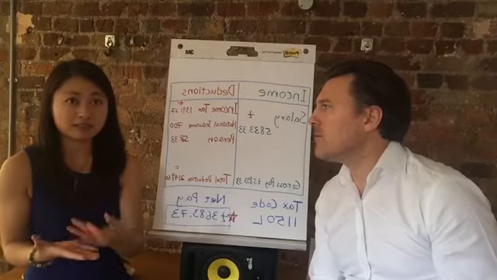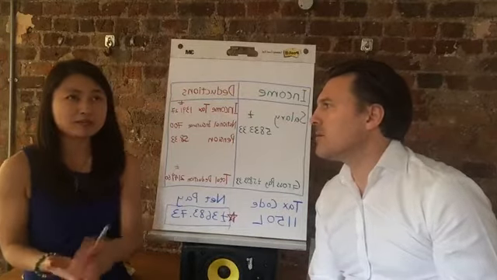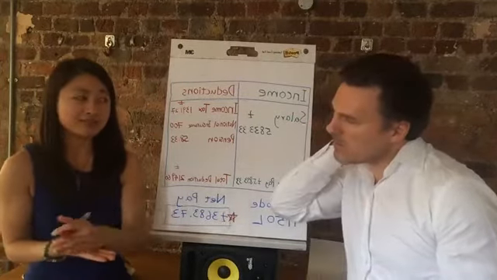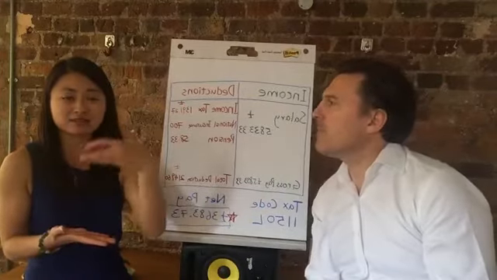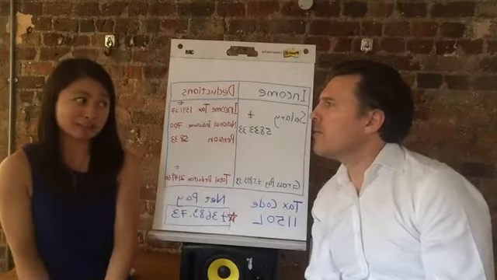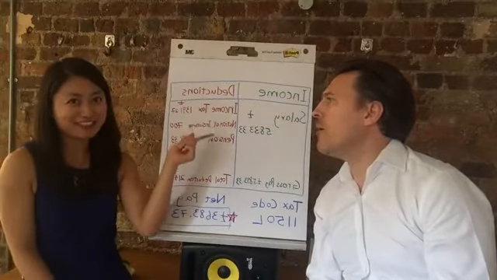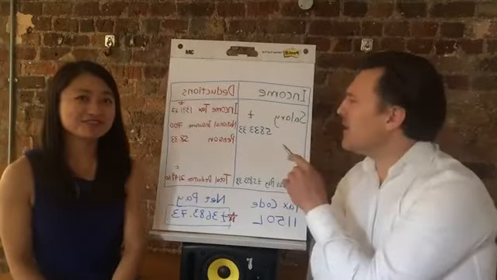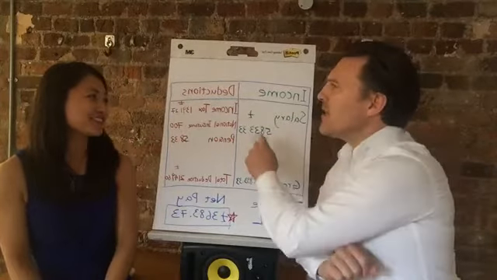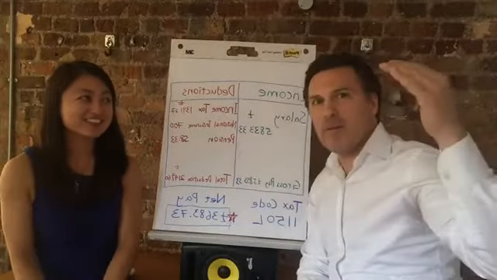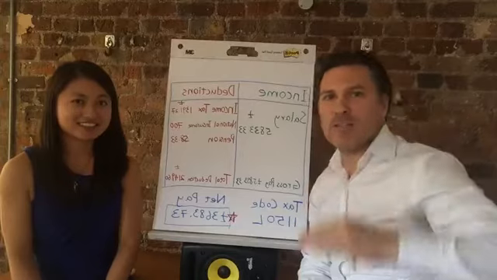The starting rate is 12%, up until 45k. Anything above 45k is 2%. I see, and it's deducted on top. That's interesting. So unlike income tax, which goes up as you earn more, national insurance actually comes down as you earn more.